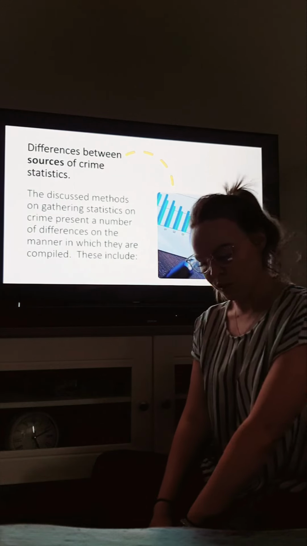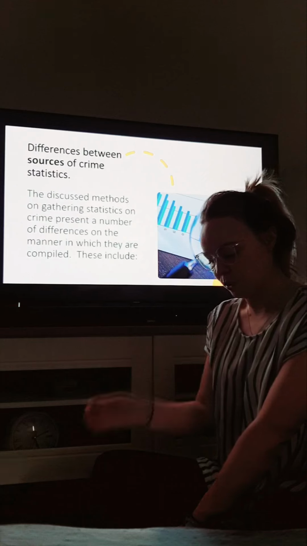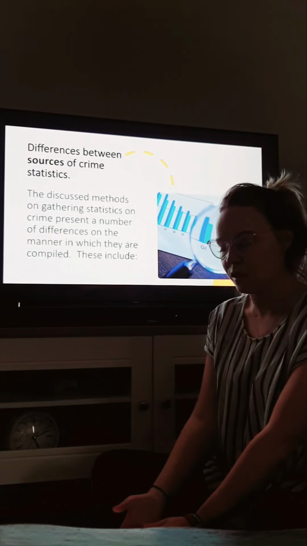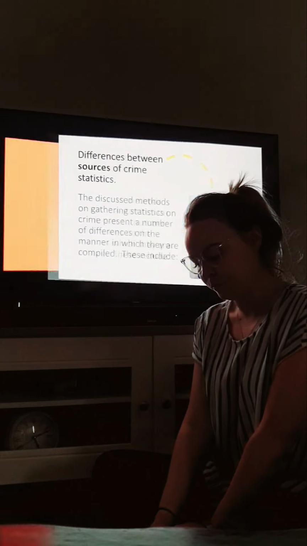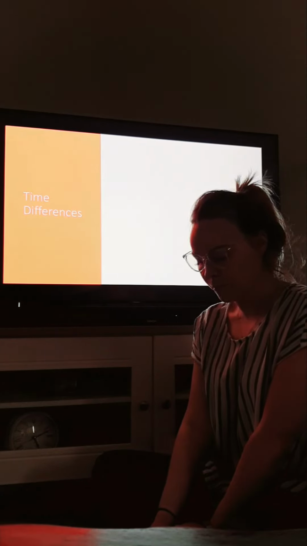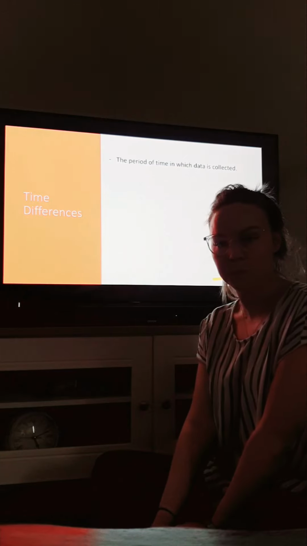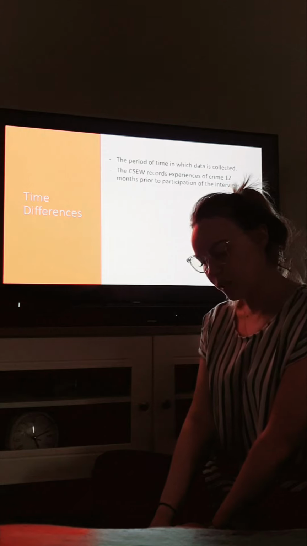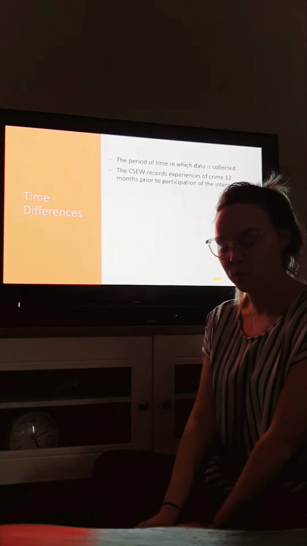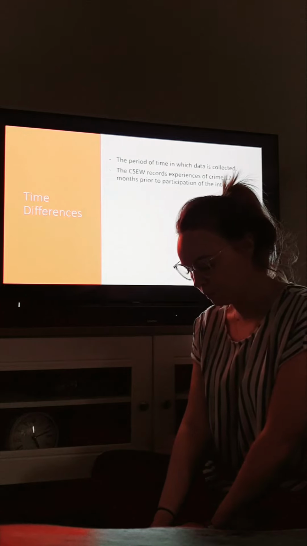Differences between sources of crime statistics. So the discussed methods on gathering statistics on crime present a number of differences in the manner in which they are compiled. These include time differences. This refers to the period of time in which data is collected. The CSEW records experiences of crime 12 months prior to the participation of the interview.